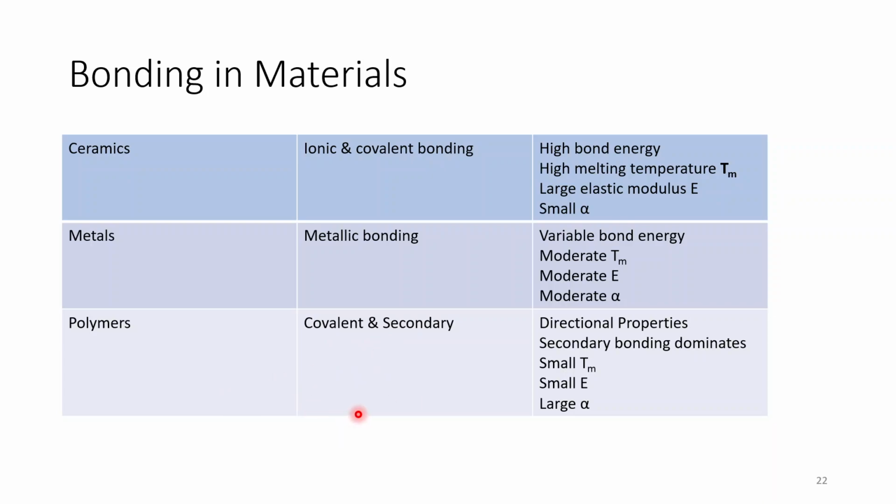Along the chain you have covalent bonding, and between different chains you have secondary bonding. So you have directional properties, secondary bonding dominates, and that's why it has very small melting temperature, very small elastic modulus and large thermal expansion coefficient.